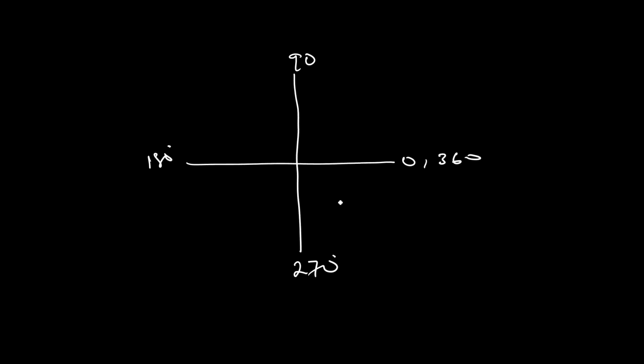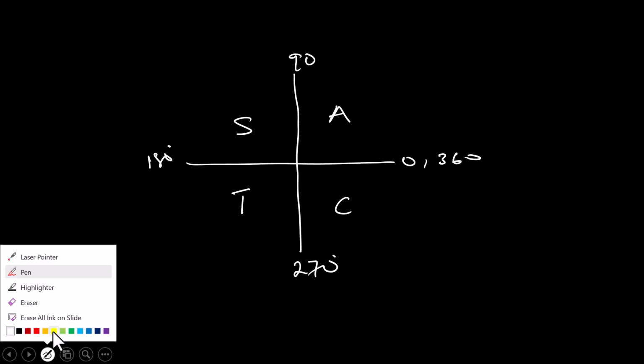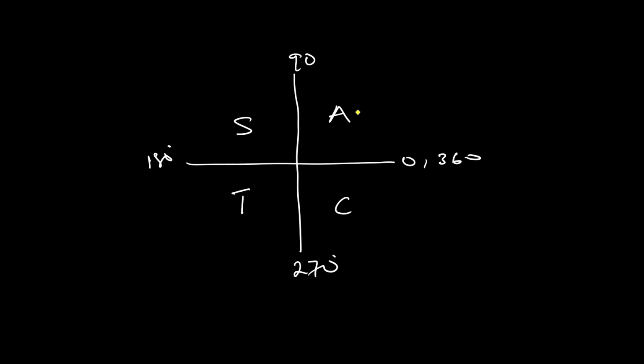We call this CAST. What this means is that from 0 to 90, all the ratios in this quadrant are positive.